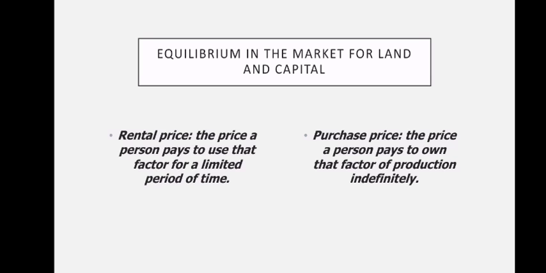First, the purchase price of land or capital is the price a person pays to own that factor of production indefinitely, while the rental price is the price a person pays to use that factor for a limited period of time.